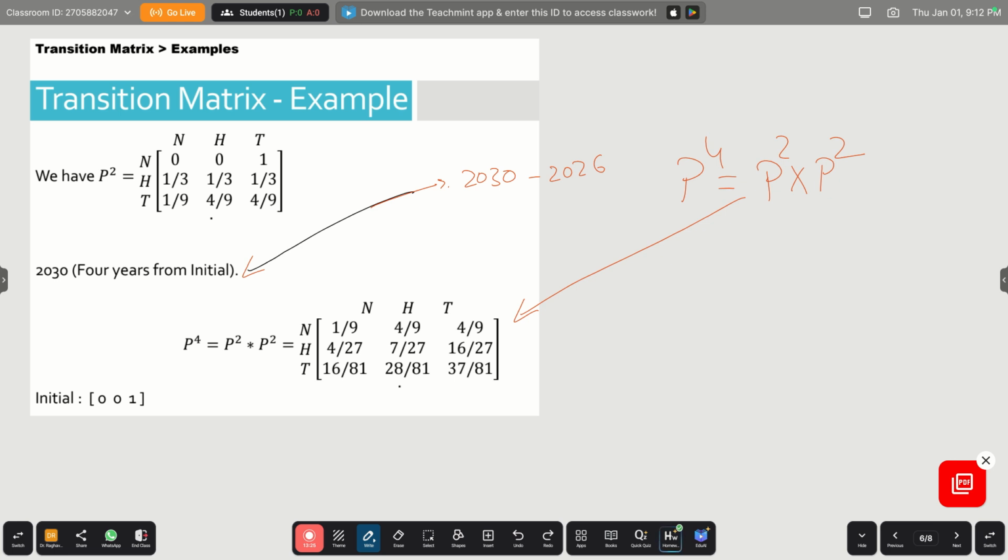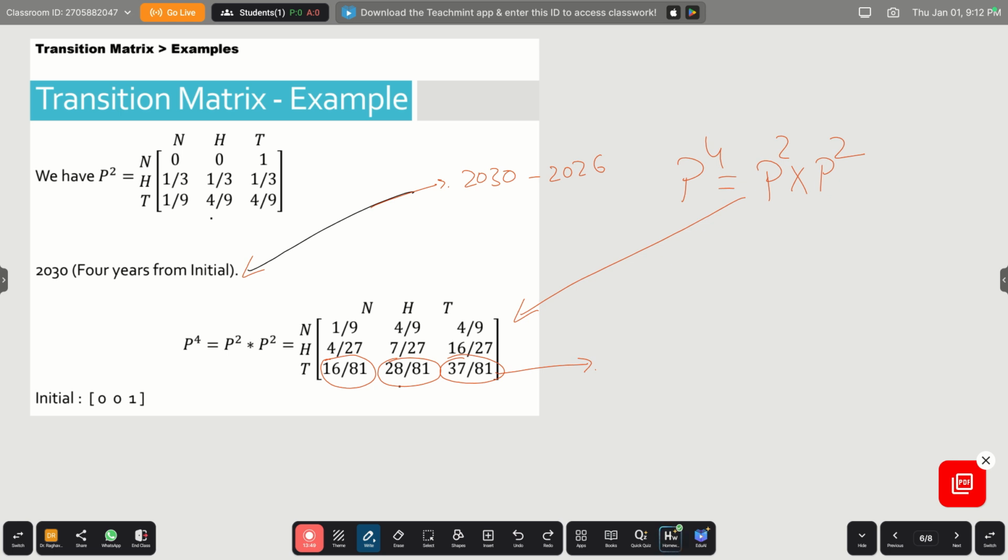Since you have Toyota, you just see the third row. So 16/81 is the probability that you will have Nissan in 2030, 28/81 is the probability that you will have Honda in 2030, and 37/81 is the probability that you will have Toyota in 2030.